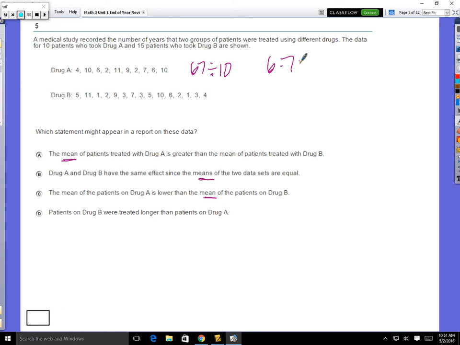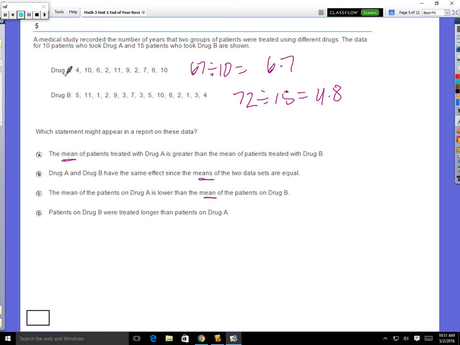Now drug B: plus 9 plus 3 plus 7 plus 3 plus 5 plus 10 plus 6 plus 2 plus 1 plus 3 plus 4. Okay, and there are 72 divided by 4, 5, 6, 7, 8, 9, 10, 11, 12, 13, 14, 15. Divide that by 15. 72 divided by 15. Okay, 4.8.